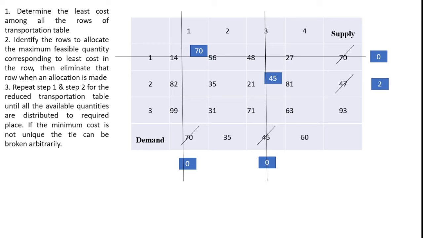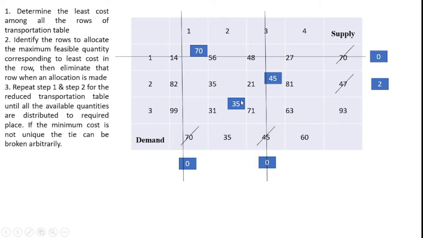Then what about the next step? Yes, I again identify the minimum value among the balance values in the table. Here 35, 81, 31, 63 are available. From this, 31 is the minimum value, so I allocate to that cell.